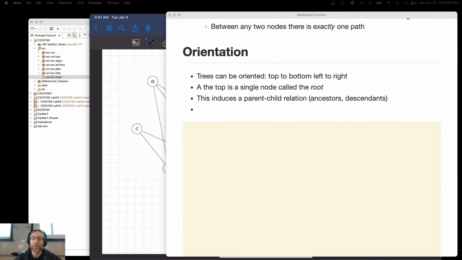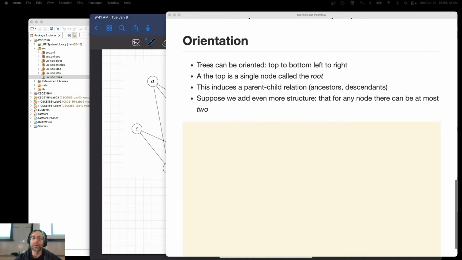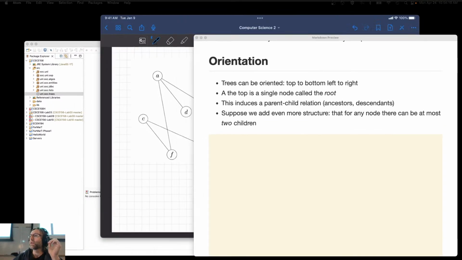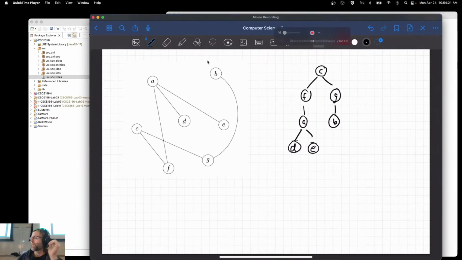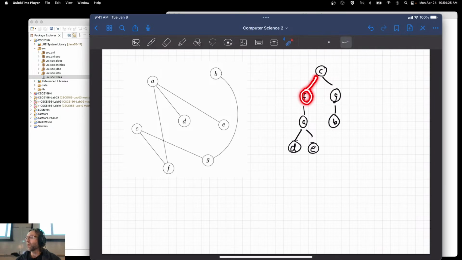So suppose we add even more structure: for any node, there can be at most 2 children. So that first orientation we had, where A had 3 children, is not what's called a binary tree. But this orientation is a binary tree. Looking at F here, its parent is C. Its child is A, and it only has 1 child.